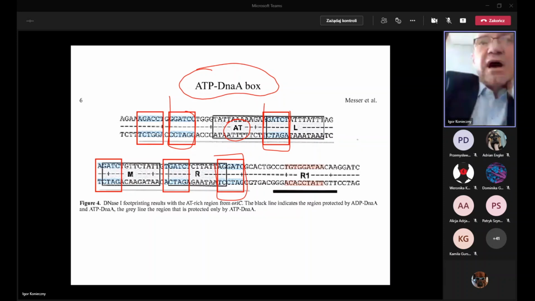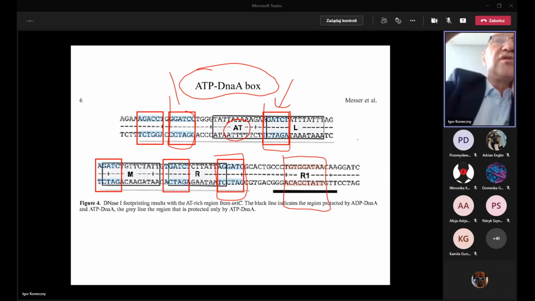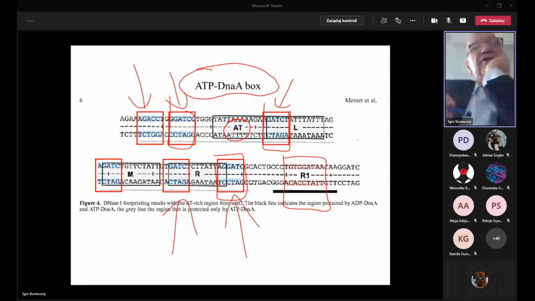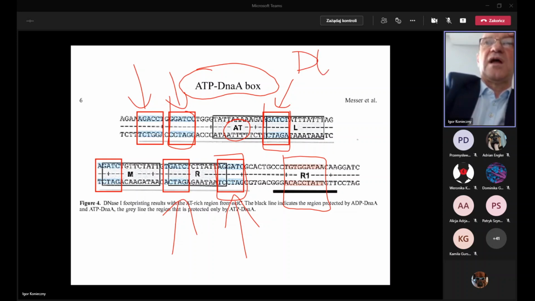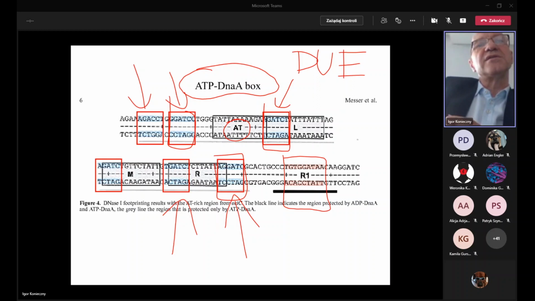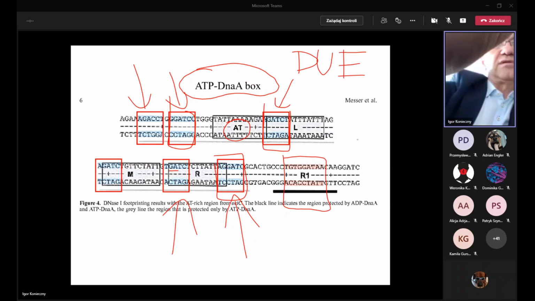So this is the box which is outside the DUE, but those boxes you can identify within the DNA unwinding element. This is just a comment considering your question about the structure of this DNA unwinding element. There are repeated sequences, and you can see those repeated sequences over there.